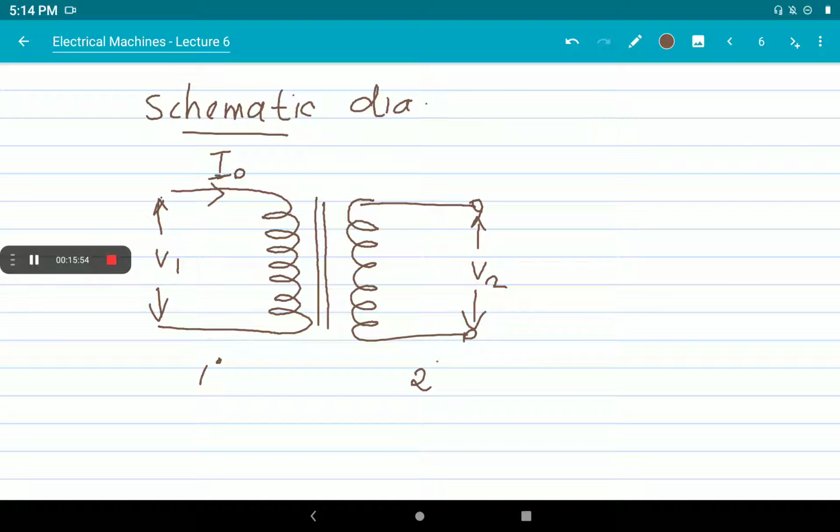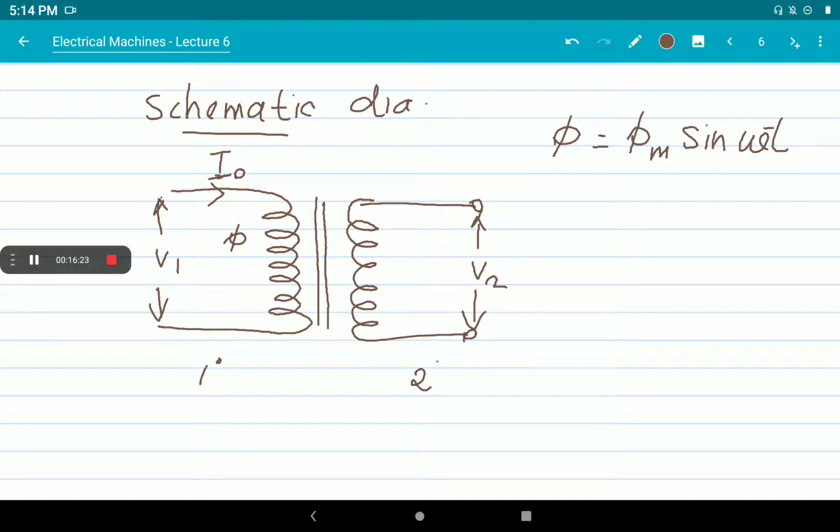Okay. So to establish a flux on this core, a minimum current is needed. To produce a flux phi, here phi is normally a sinusoidal flux, so we can write it as phi m sin omega t, to represent a sinusoidal flux, where phi m is the maximum flux.